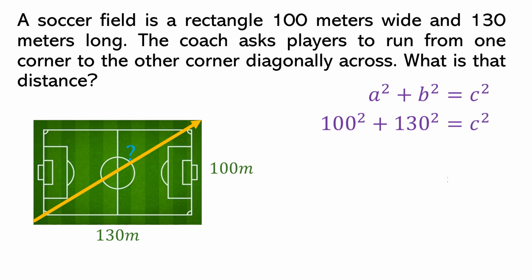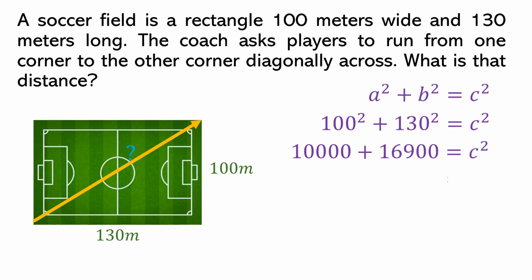So it's missing, so we're going to solve that. So 100 squared means 100 times 100. That's 10,000. And then 130 squared, 130 times itself, is 16,900. Then just copy the plus, and then copy the one on the right side.